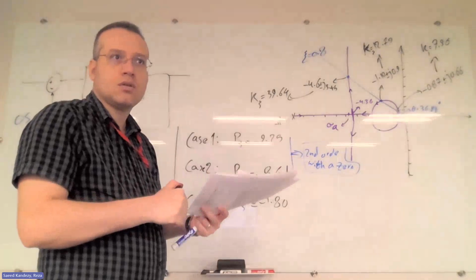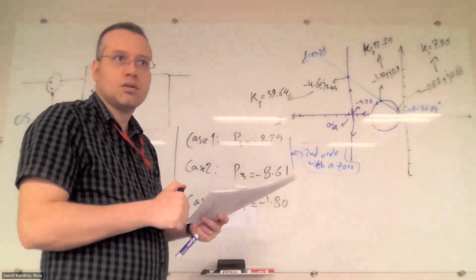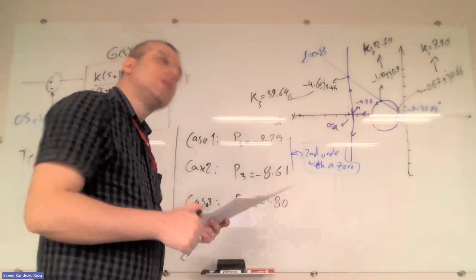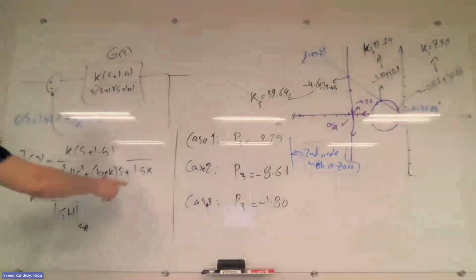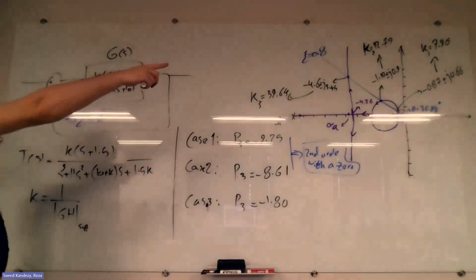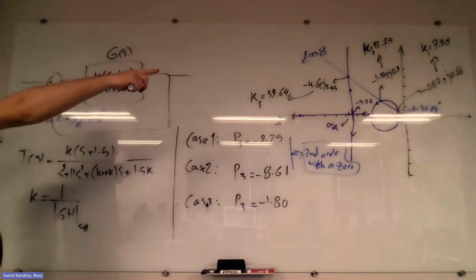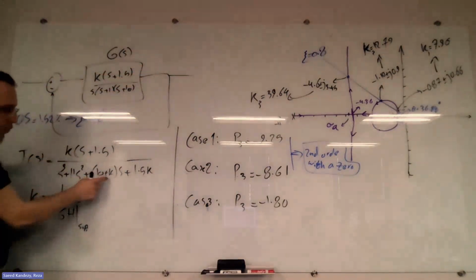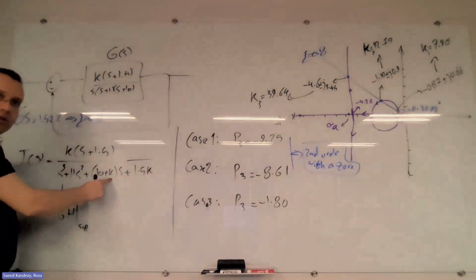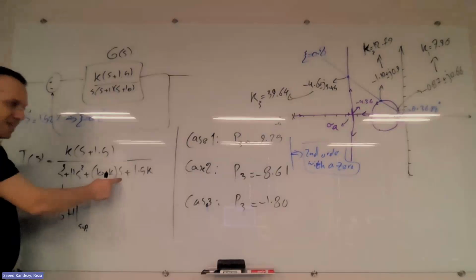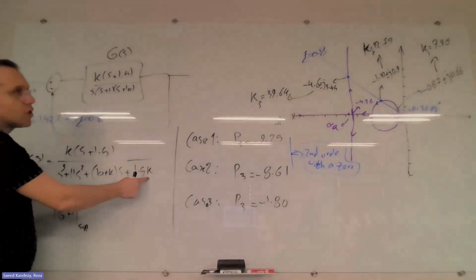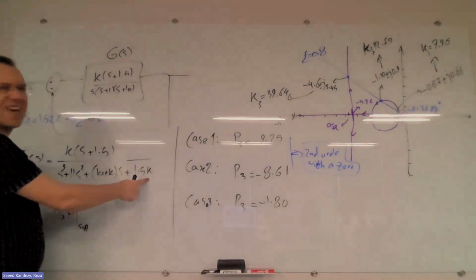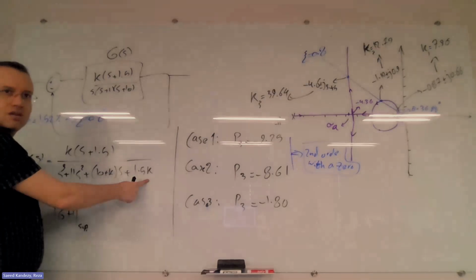Maybe I just need to be more active here. Yeah, you can replace the K. For example, for case one it is 7.36. So this one becomes 13.36s plus 1.5 times that, which is going to be somewhere like 10. Is that clear?